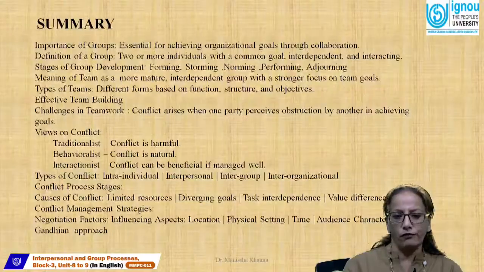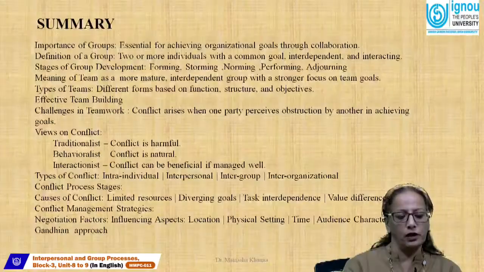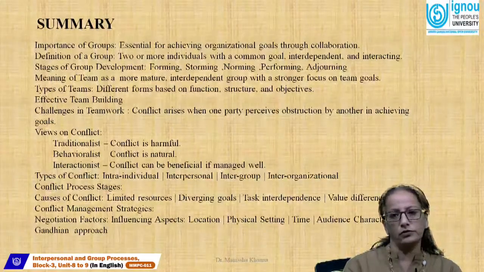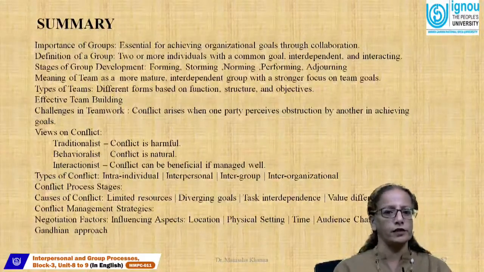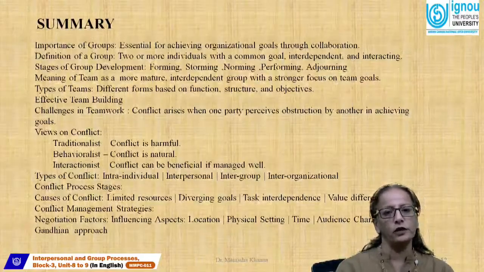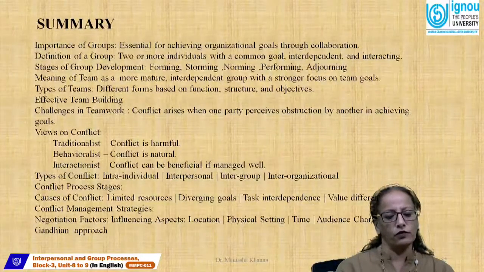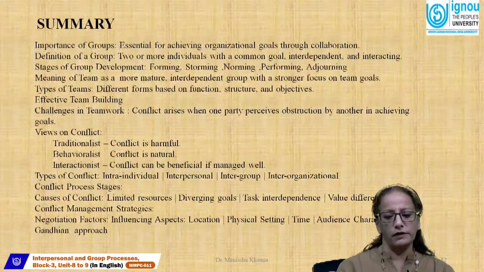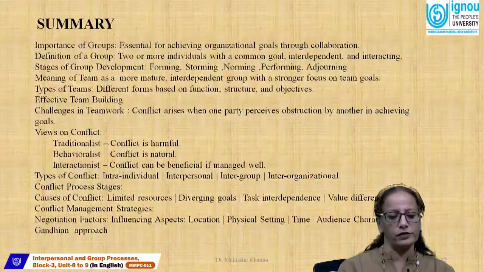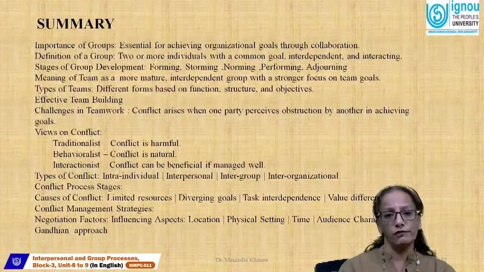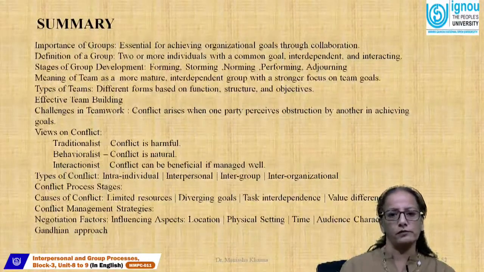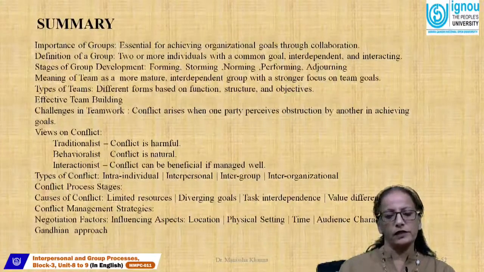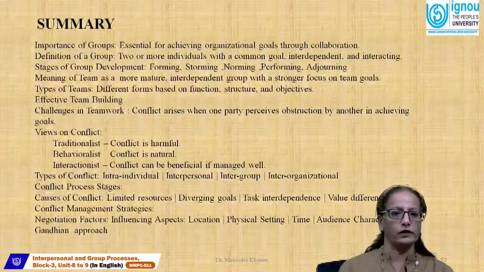Types of conflicts can be seen as individual, interpersonal, intergroup, and inter-organizational conflicts within an organization. We have seen certain causes of conflicts: limited resources, diverging goals, task interdependence, and value differences. We have also seen the negotiation factors influencing the aspects, the physical setting, time, adherence, characteristics, and we have seen finally the Gandhian approach.